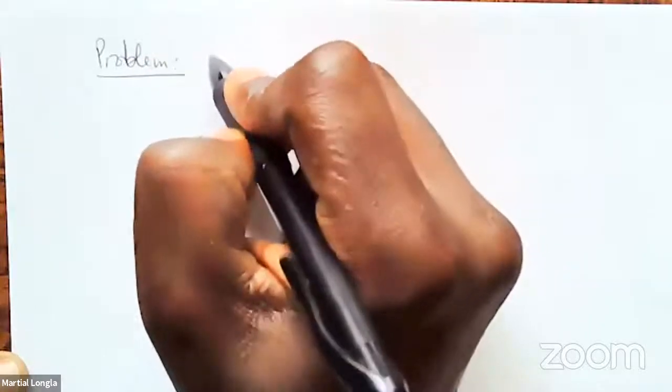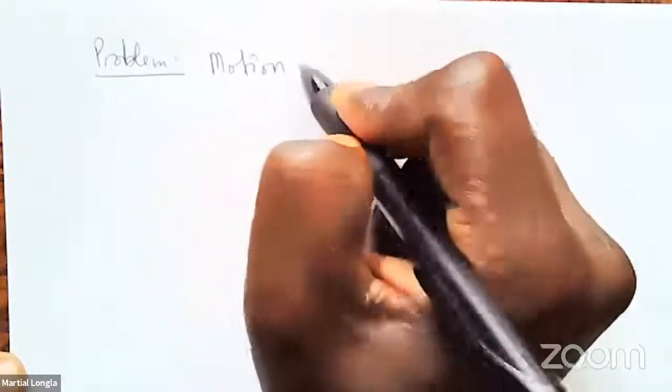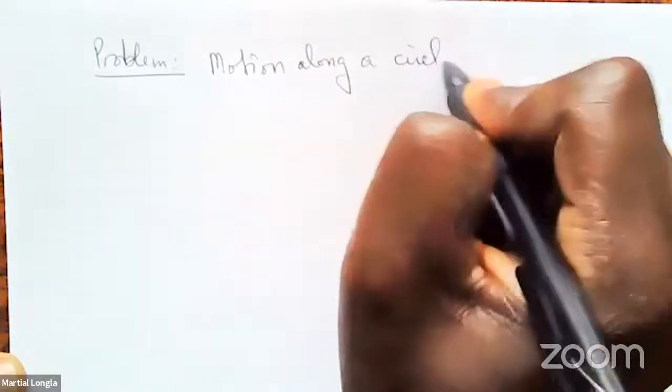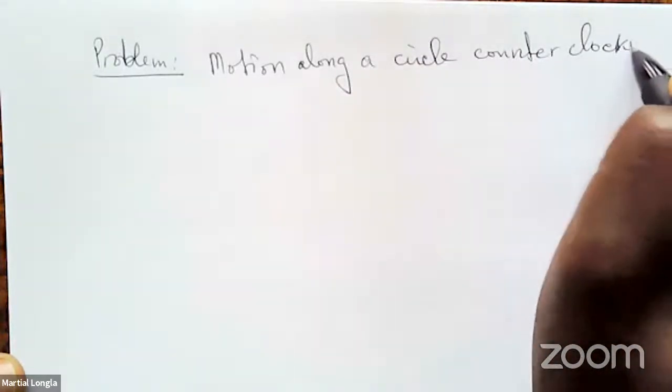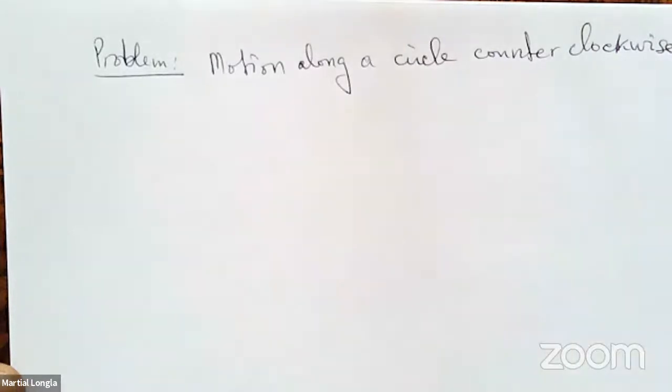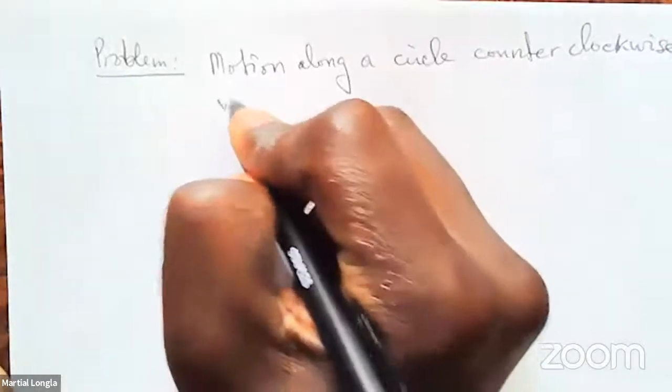The problem describes, it's a word problem: a go-kart moves counterclockwise in motion along a circle with constant speed.